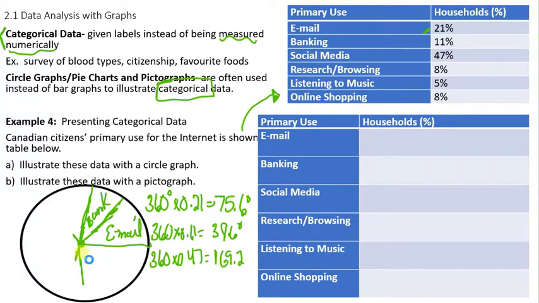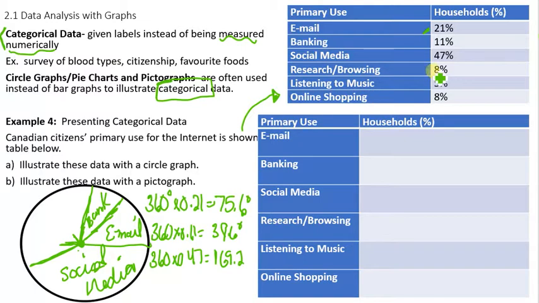Let's go from the email. Instead of drawing this line straight, I'll cut it off by going down a little bit. And this entire chunk is going to be social media, because it's just under a half. Social, and there we go.